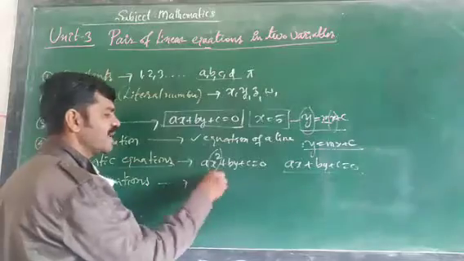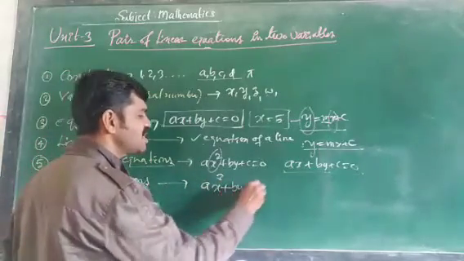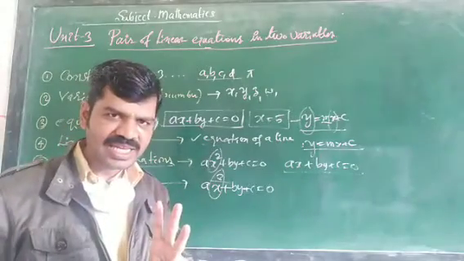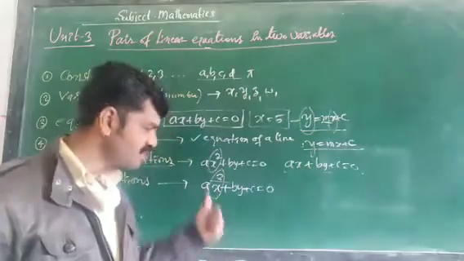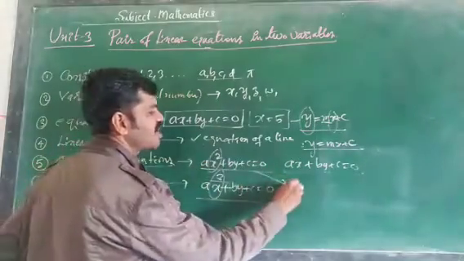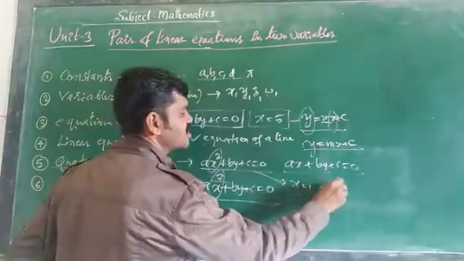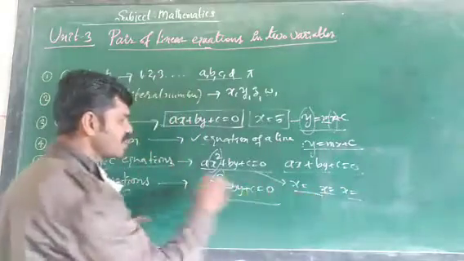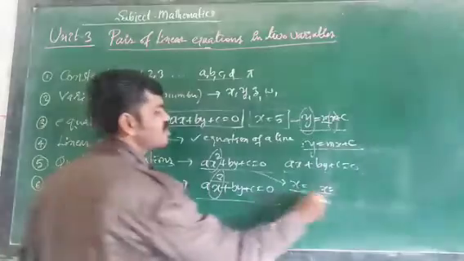Like that, ax cube plus bx plus c is equal to 0. Here the power of x is 3, so this is a third degree equation, called a cubic equation. Here the values of x are: x is equal to one value, x is equal to a second value, x is equal to a third value. We are going to find out these values. In a quadratic equation, two values are there.